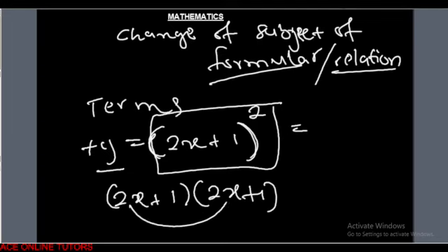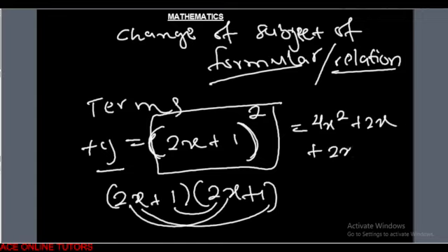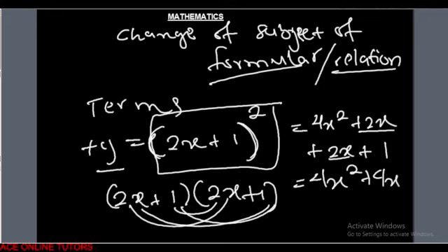You have 2x multiplied by 2x, that is 4x squared. 2x multiplied by 1 is 2x, plus 1 times 2x is 2x, then plus 1 times 1 is 1. So by the time you add everything, you have 4x squared, 2x plus 2x gives 4x, then plus 1.